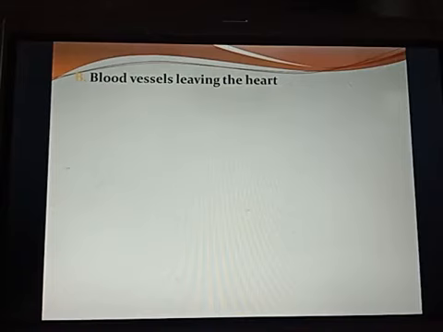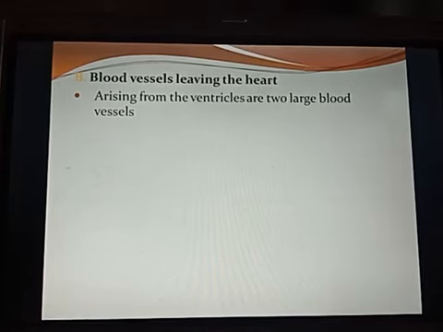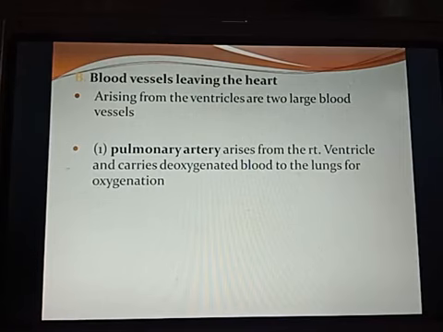Now the blood vessels which are leaving the heart, means the blood vessels that will come out from the heart. Arising from the ventricles are two large blood vessels. The first one is the pulmonary artery.